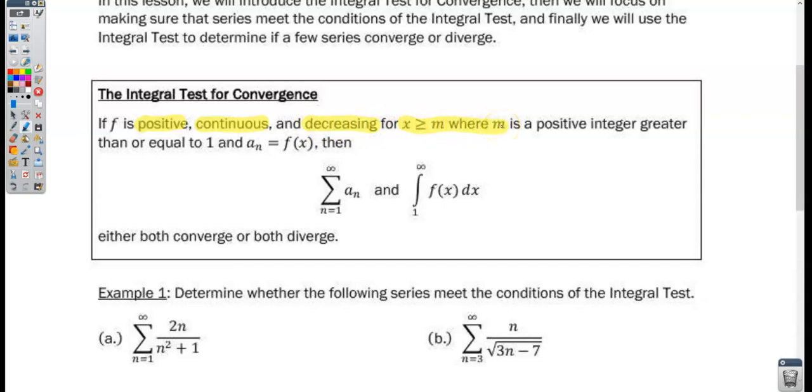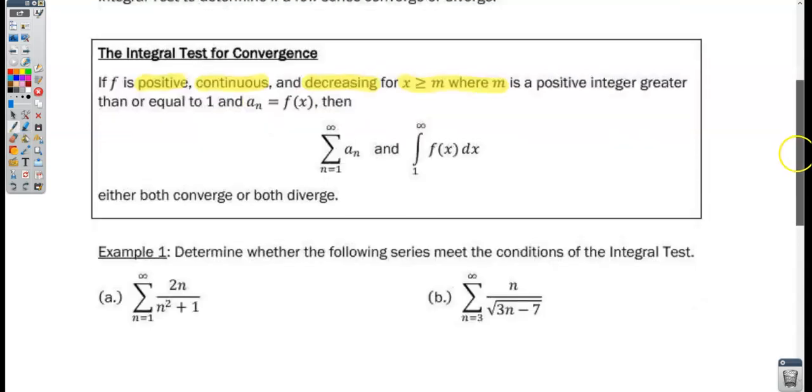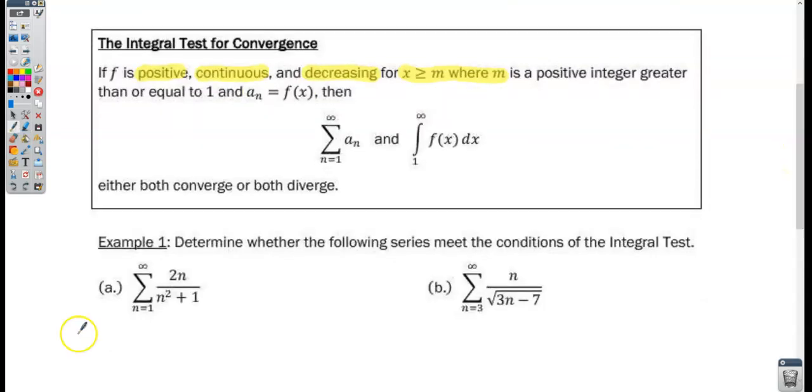Okay, so here we go with the first one. The sum from 1 to infinity of 2n over n squared plus 1. So the first thing we want to do is verify, is 2n over n squared plus 1 positive for given n values?